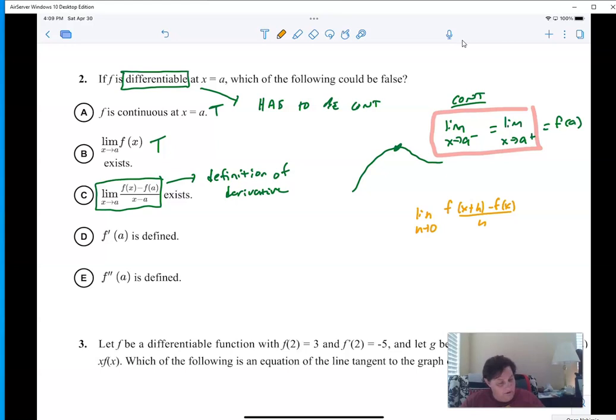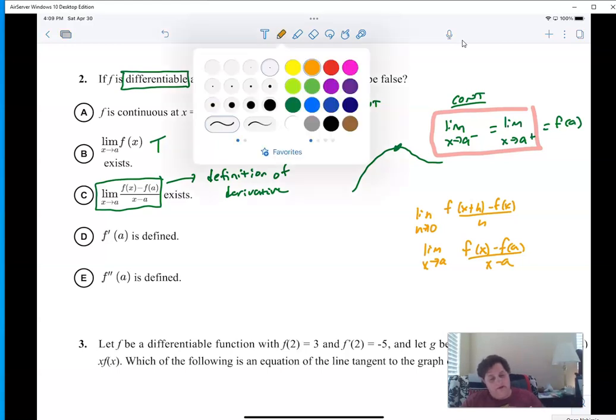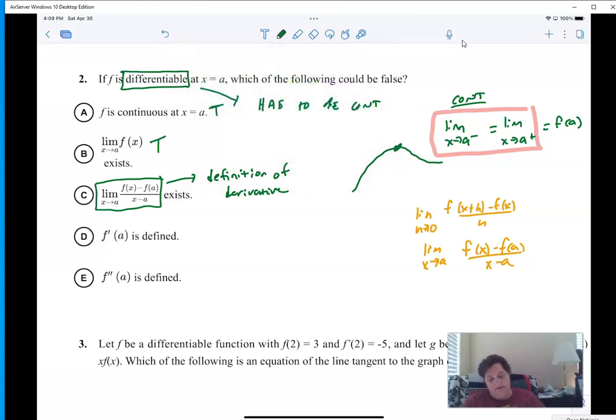Okay, that's one definition of the derivative. The other one is the limit as x approaches a of f of x minus f of a over x minus a, which is exactly what that is. Okay, so if you remember those two, if something is differentiable, does that mean that the derivative exists? That's the exact definition of that, okay?